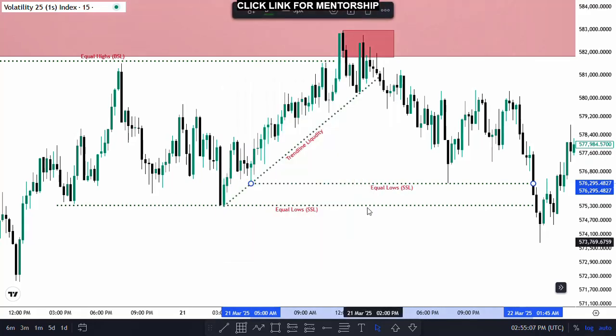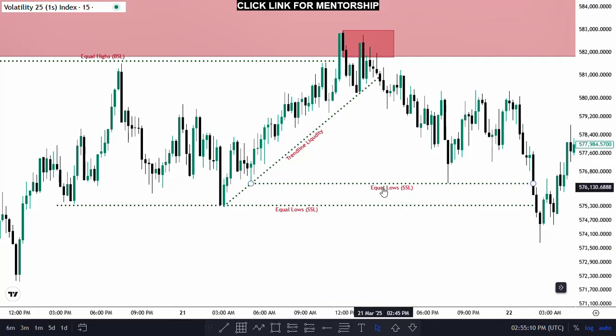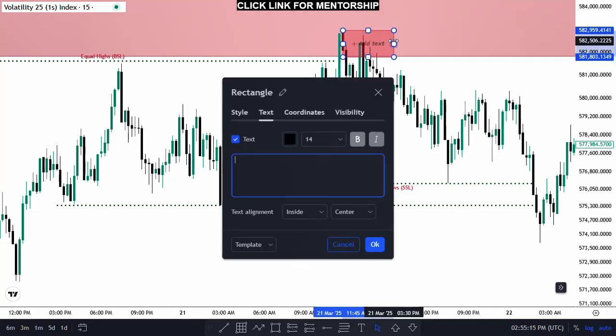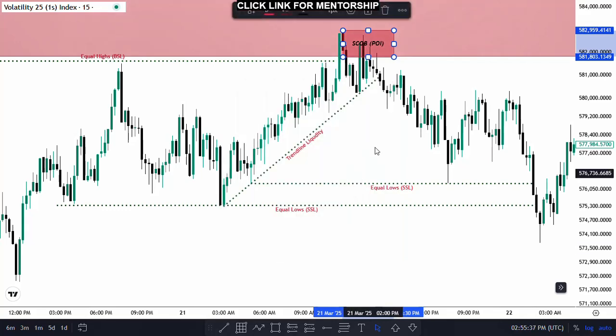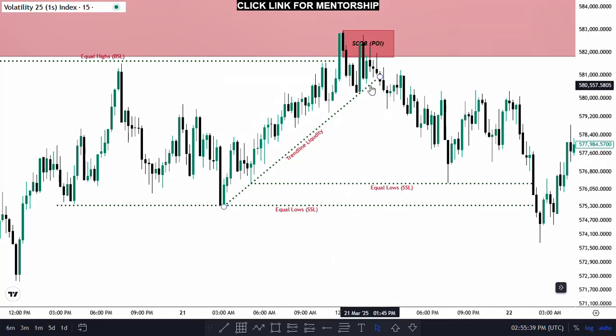The reason you are just targeting sell side liquidity is because buy side liquidity has already been taken out, and you already have a point of interest in another higher time frame fair value gap. So your goal here is to have confluence, a lot of stuff coming together. That is what you need. It's going to be easier for you to hold those trades because the only thing you'll be doing is targeting this sell side liquidity here.